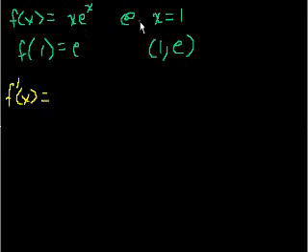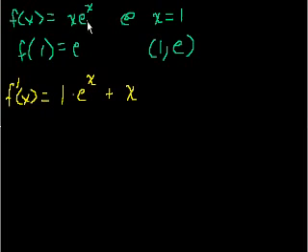So the product rule tells us the derivative of this thing is going to be equal to the derivative of the first function, so the derivative of x is just 1, times the second function, e to the x, plus the first function, x, times the derivative of the second function.